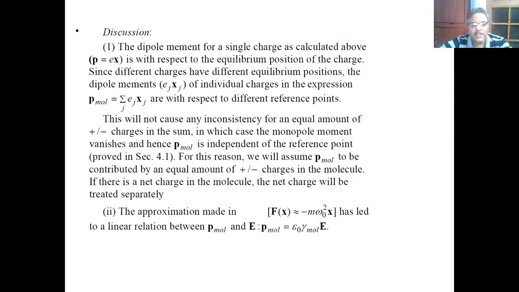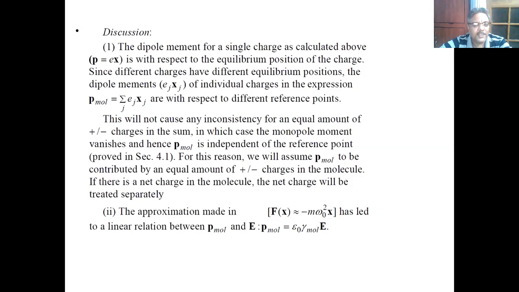This will not cause any inconsistency for an equal amount of charges in the sum, in which case the monopole moment vanishes and hence the dipole moment of the molecule is independent of the reference point. For this reason, we will assume the dipole moment of the molecule to be contributed by an equal amount of charges in the molecule. If there is a net charge in the molecule, the net charge will be treated separately.